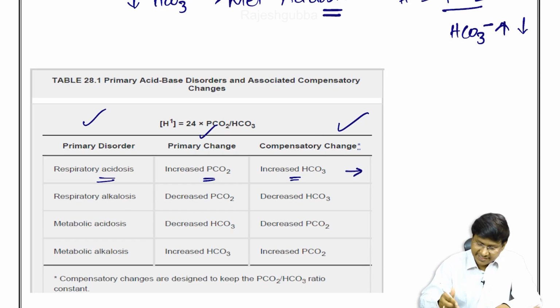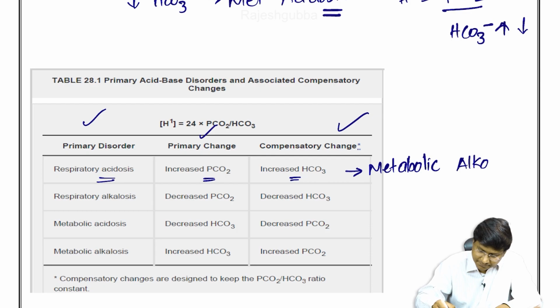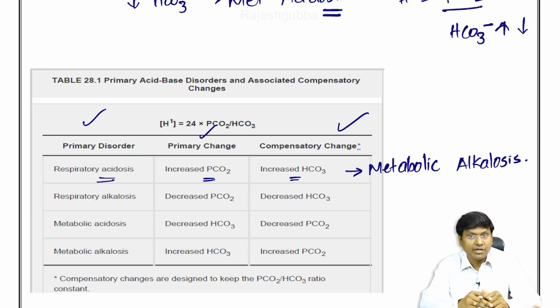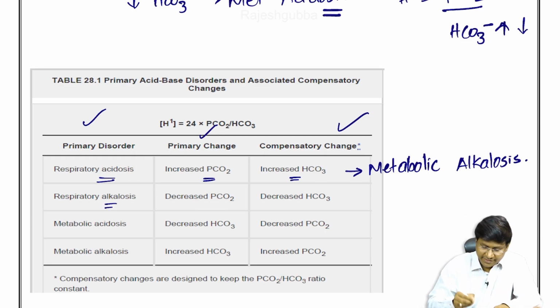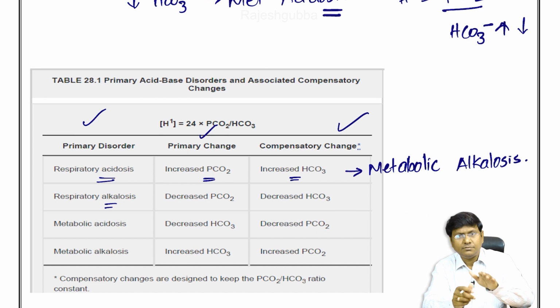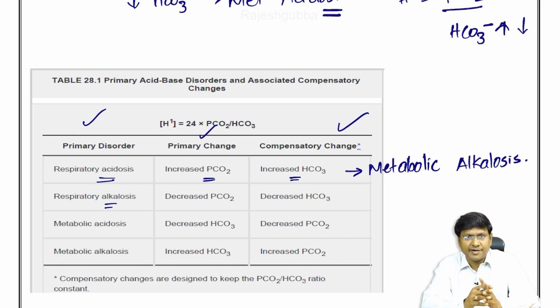It is compensatory metabolic alkalosis. Right? Compensatory metabolic alkalosis. Whereas if you take respiratory alkalosis, there will be a decrease in carbon dioxide.